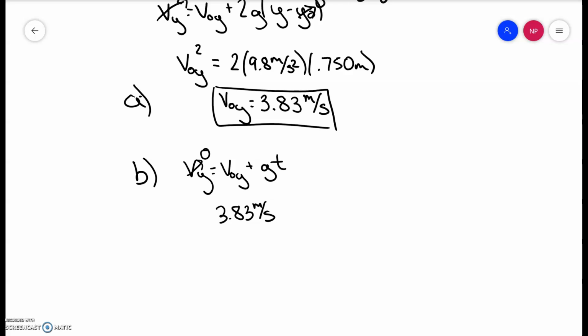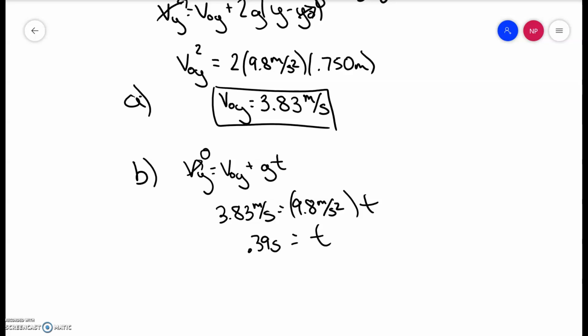Technically, it would be negative if we moved over to the other side, but then g would be negative, so we'll just let that be there. Divided by 9.8 meters per second squared gives the time. So time, I got, when I calculated it, 0.39 seconds. So that tells us how long our basketball player is going to be in the air before he comes to a stop at the very top of his jump.